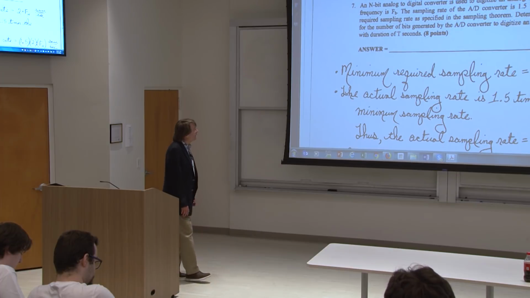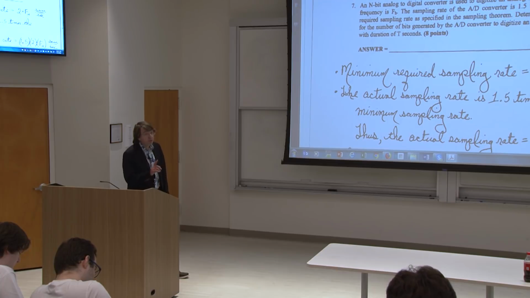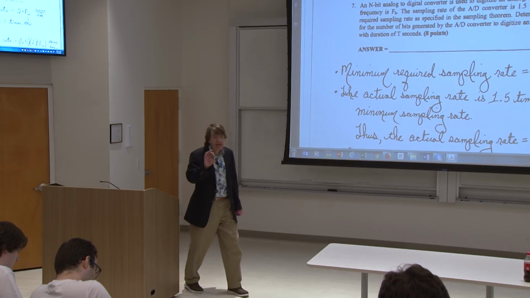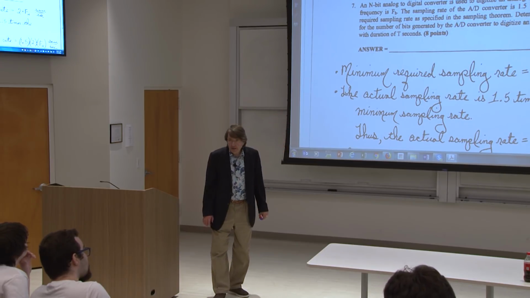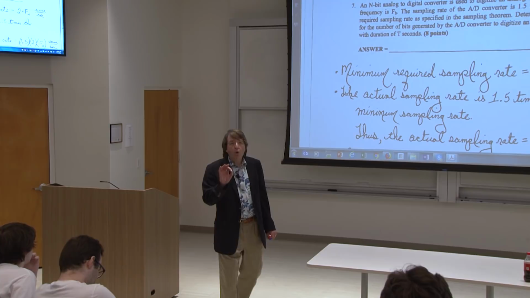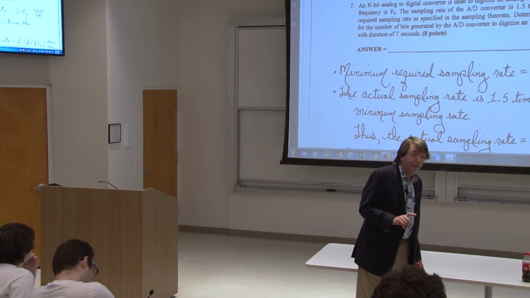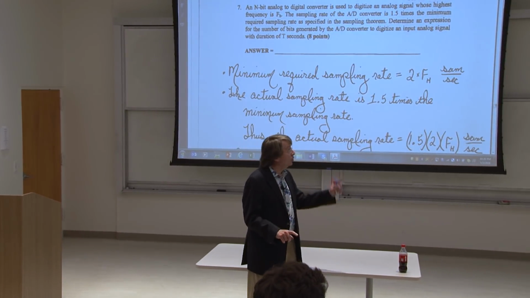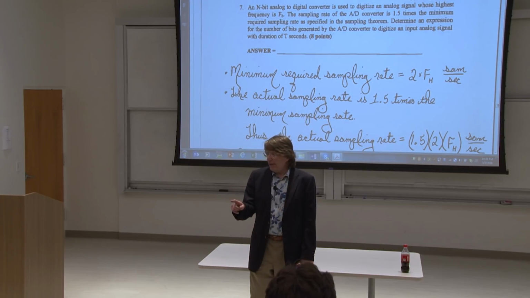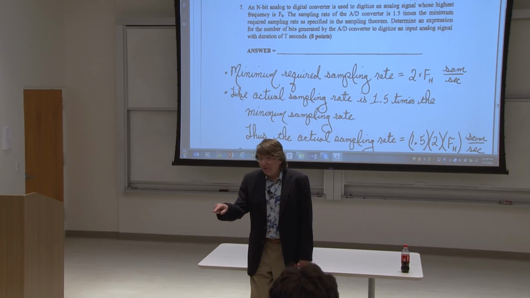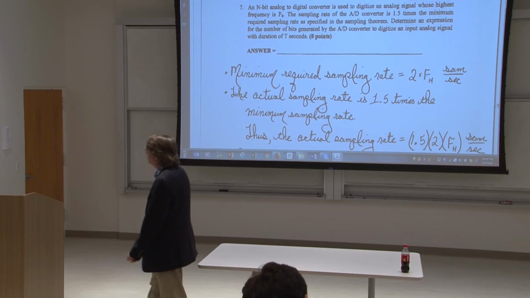The highest frequency is F sub H. The sampling rate of the A to D converter, I worded this as carefully as I can, so make sure you're okay, is 1.5 times the minimum required. Now, what's the minimum required? 2 times f sub h. So what's the sampling rate? 1.5 times 2 times f sub h. Because we oversample.